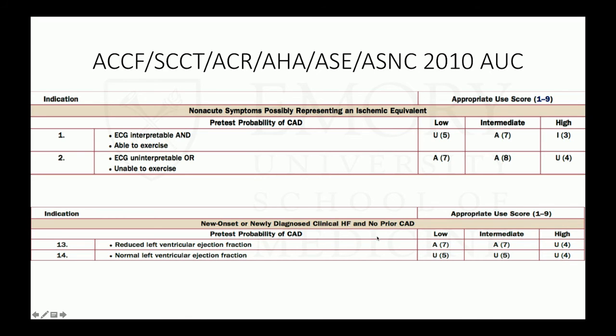The other take-home point that I wanted to throw in here was also the value that coronary CTA can have in the new evaluation of cardiomyopathy, where it's appropriate in both low and intermediate risk patients. And I think those are patients that really should undergo CTA to exclude 3-vessel or left main, prognostically important anatomic disease that would explain their ischemic cardiomyopathy, more so than coronary angiography.